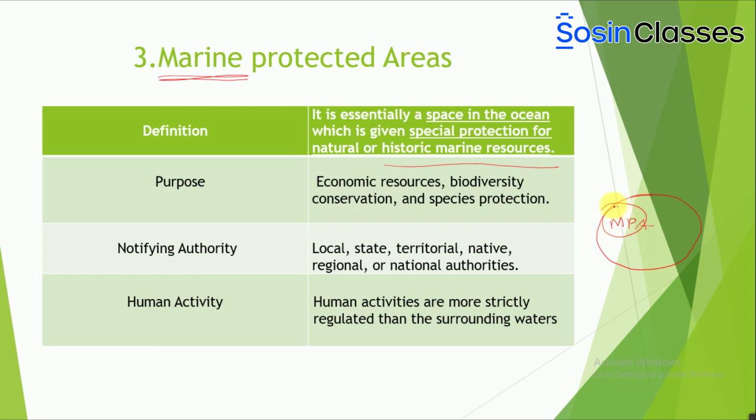And what is the purpose of this declaration? There are three major purposes of an MPA: economic resources, biodiversity conservation, and species protection. Who notifies which area comes under an MPA? It can be the local government, the state, territorial, native, regional, or national authorities.